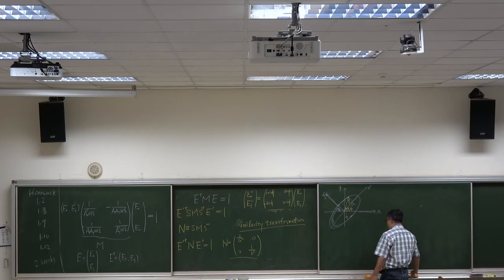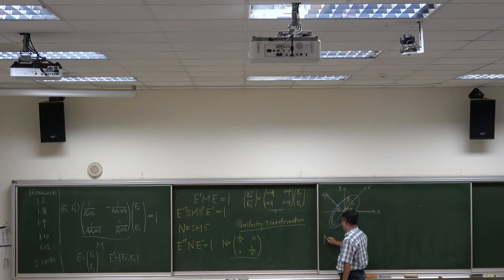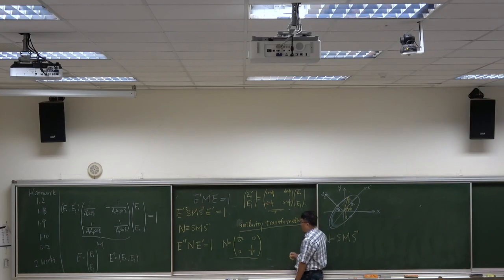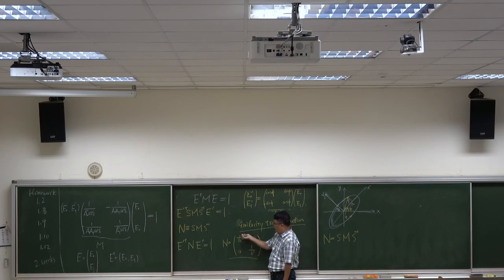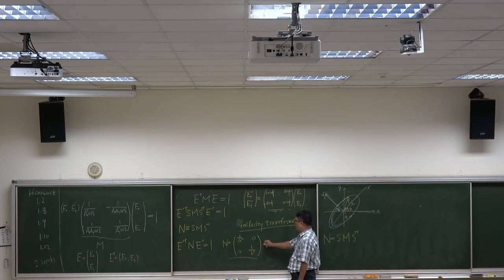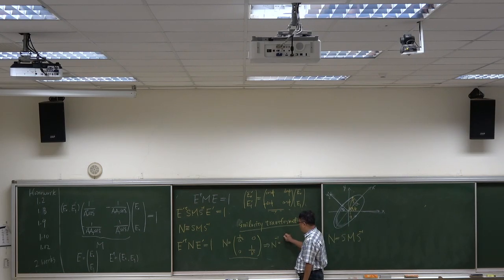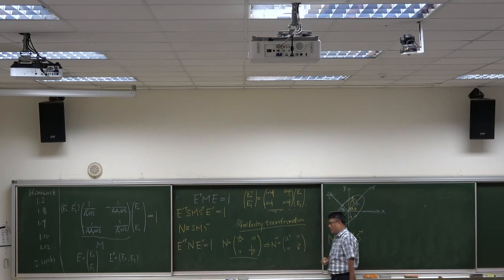So now we have this relation. N is equal to S M S inverse. However, we want to find not 1 over A squared, 1 over B squared. We want to find A squared, B squared. So we can do this by taking the inverse of the matrix N. The inverse of matrix N is equal to A squared, B squared.